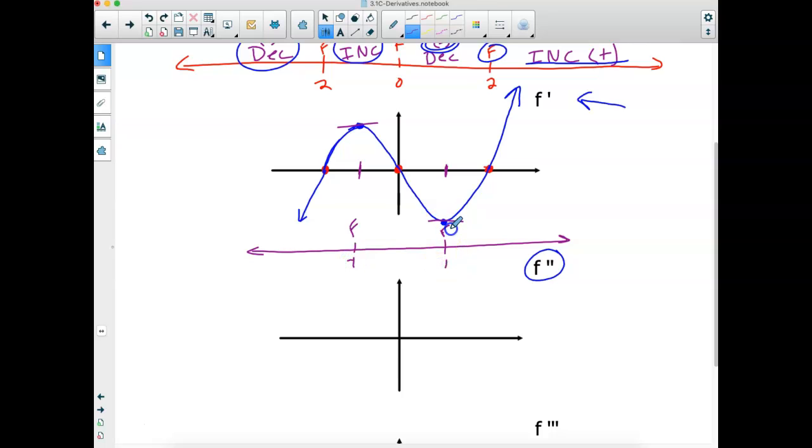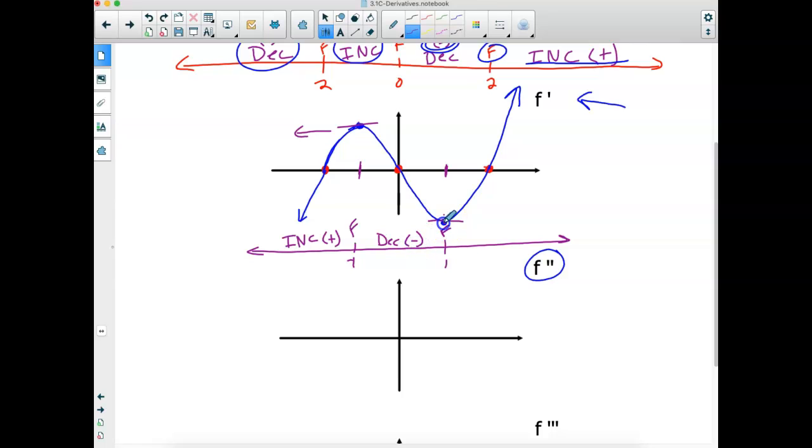When I'm looking to the left of this flat, I can see my function is increasing. Well, that means my derivative is always going to be positive. Between my flats here, I can see I'm decreasing, which means all those slopes are going to be negative.